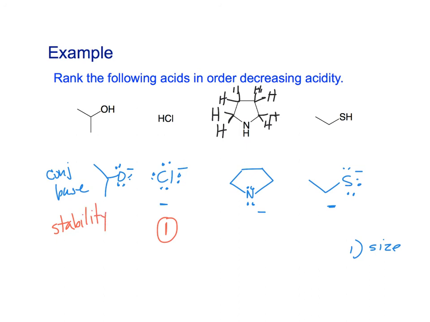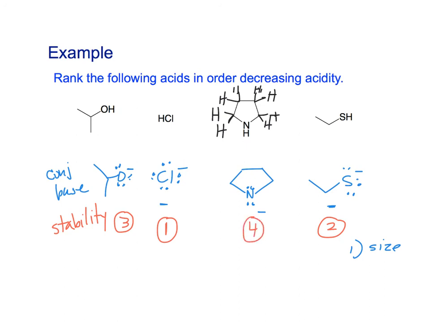followed by the sulfide. And then we have the oxygen anion and the nitrogen anion to compare to one another. So the next most stable is going to be this oxygen anion. So this is a conjugate base of the alcohol because oxygen is more electronegative than nitrogen. And so this is going to be 4.